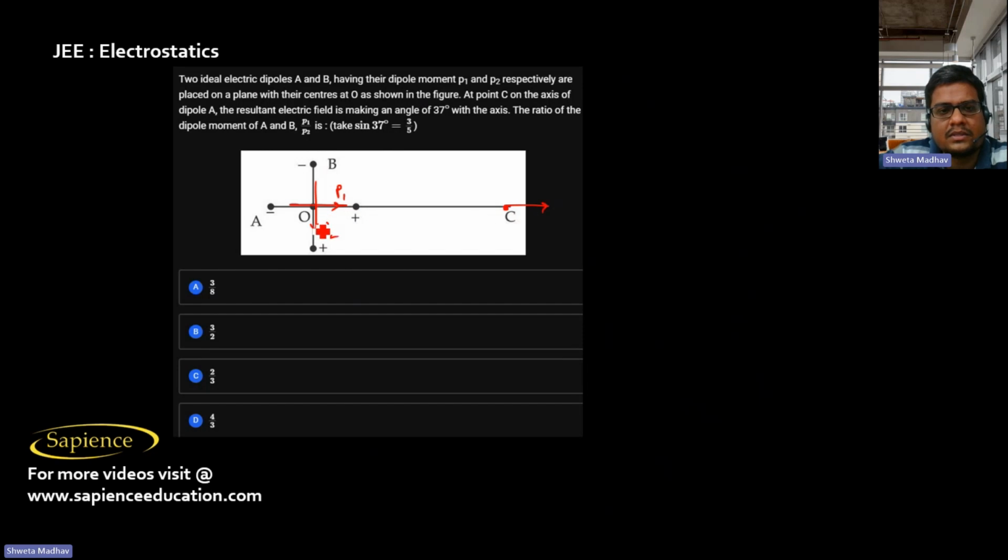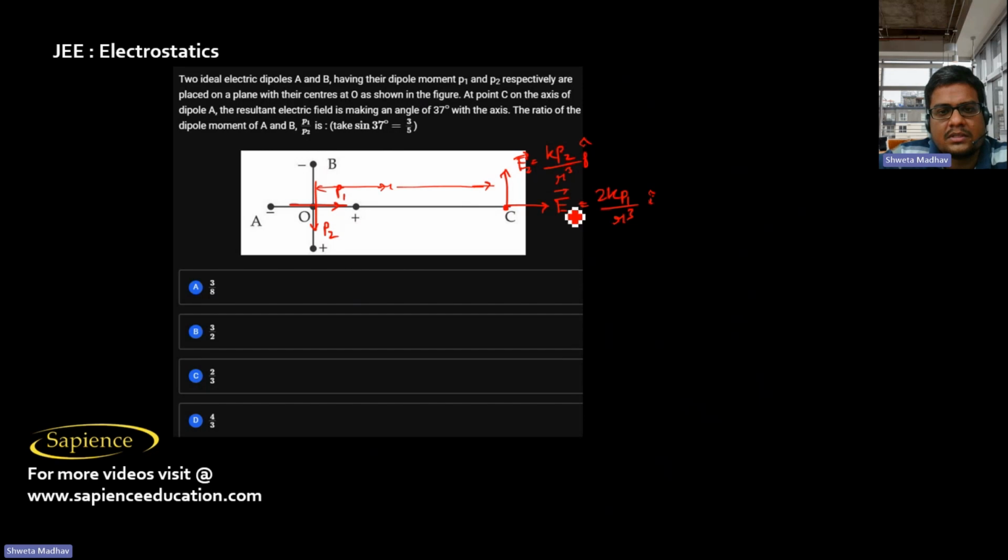This length, suppose, is R. So this electric field E1 due to the dipole moment P1 will be 2kP1 by R cube, which is along the x-axis, along I cap. And for this one, this will be opposite. This E2 will be equal to minus kP2 by R cube, along J cap.